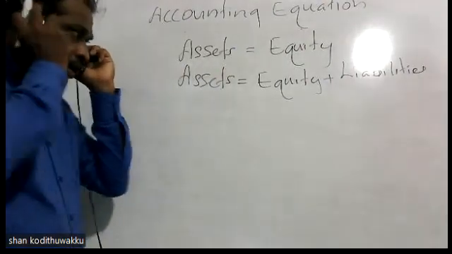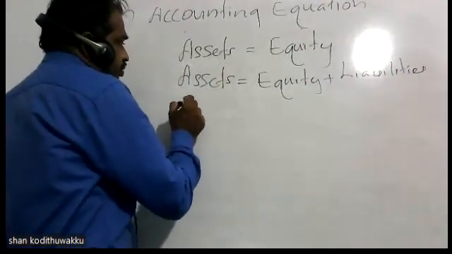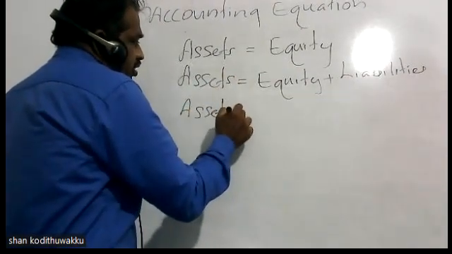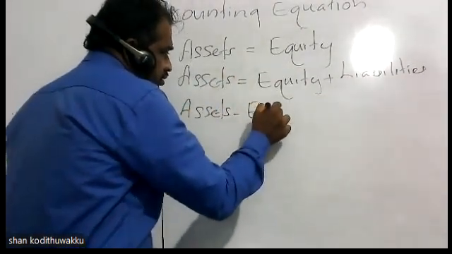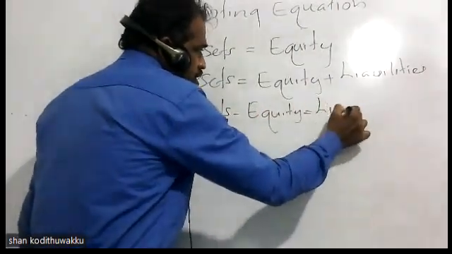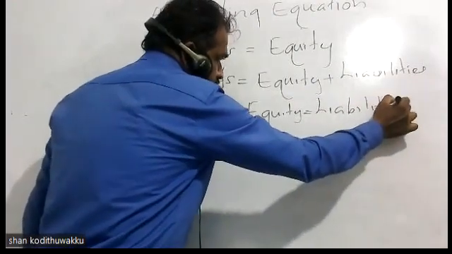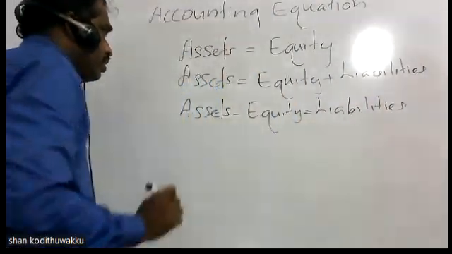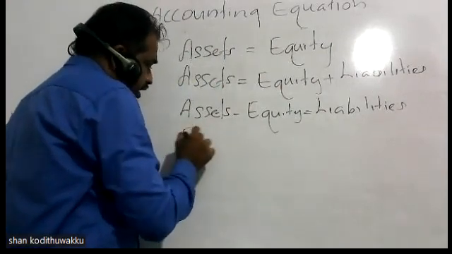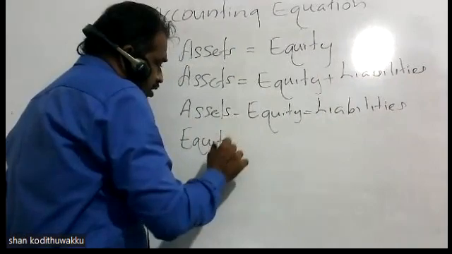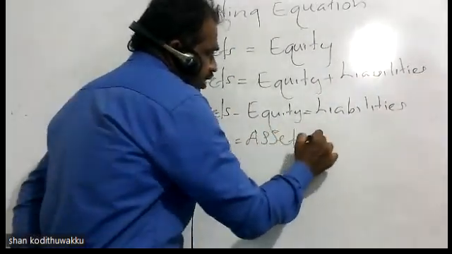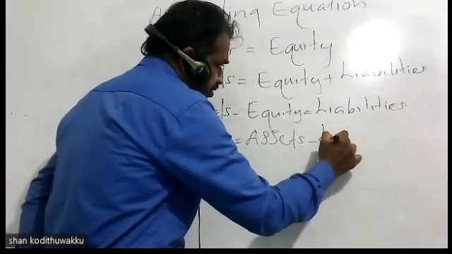Here, if you want to find the liabilities value, then you deduct equity from assets, which equals liabilities. If you want to find equity, then you can deduct liabilities from assets.